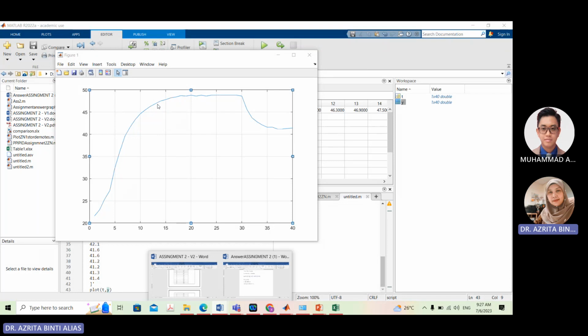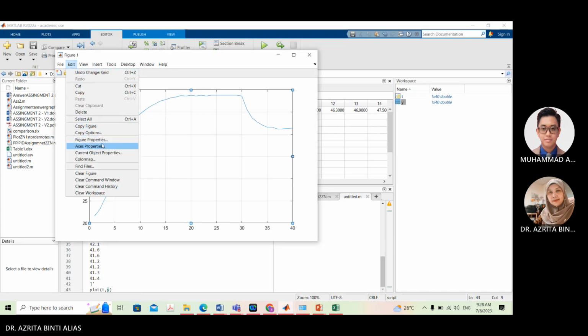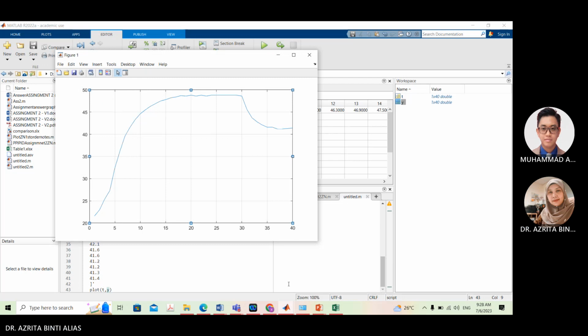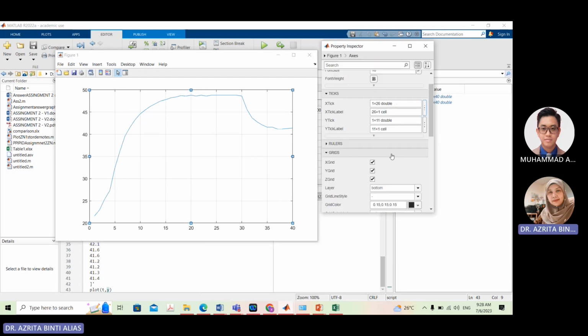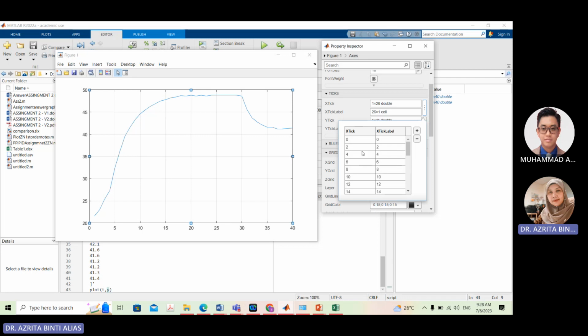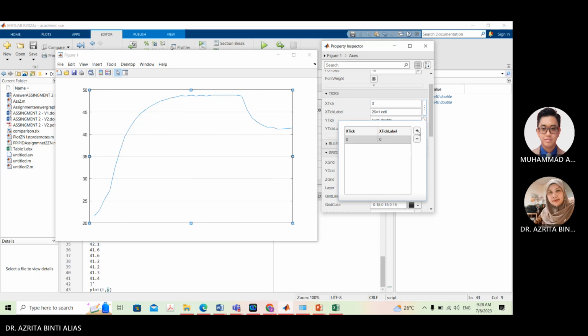From here, you can change it so that it is more visible. Here, you just click at label. We make it increase by 2 by 2.